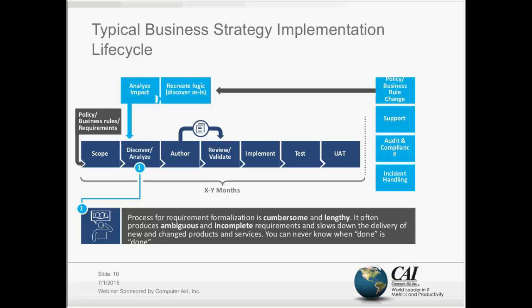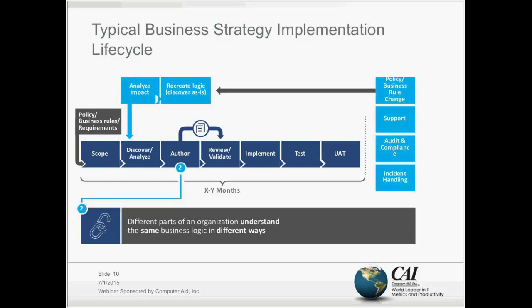And one of the biggest problems in the discovery and analysis for requirement formalization is that we really never know when we're done. We don't know when we have a complete set of requirements. So we really don't know, using existing methods of narrative and existing methods of presentation of requirements, when done is done. And then parts of organizations are going to take that logic and they're going to understand it differently. Because it is narrative form, because it is frequently done in a language which can be interpreted in multiple different ways, different parts of the organization are going to understand that logic differently.